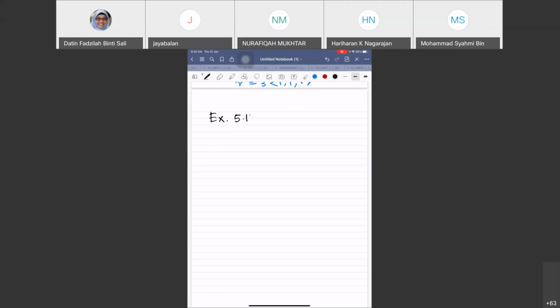Exercise 5.11. You have 3 questions, but more or less they are the same. Question 1 gives you 4 points and asks you to find the area of a parallelogram. Question 2 asks you to find the area of a triangle PQR, and question 3 also asks you to find the area of a triangle. Let's look at only question 1.